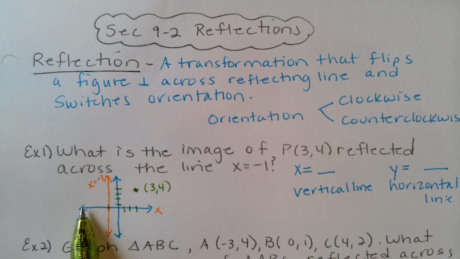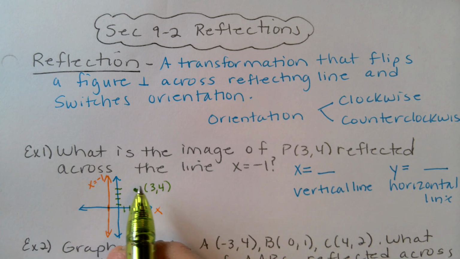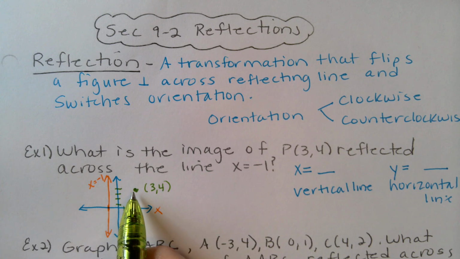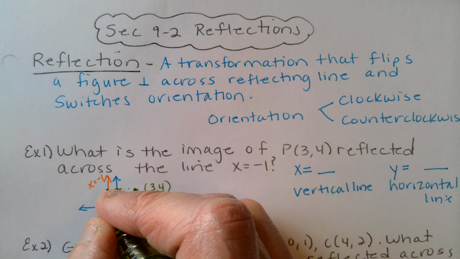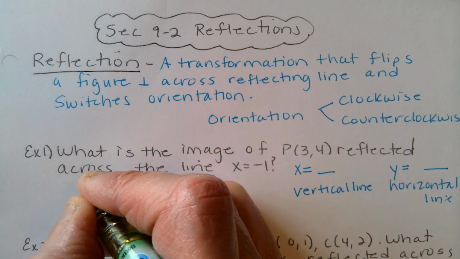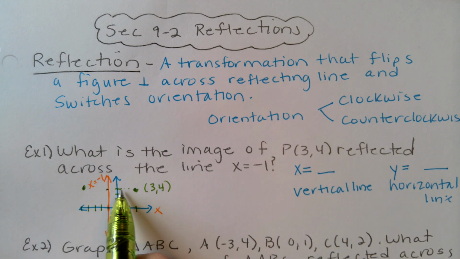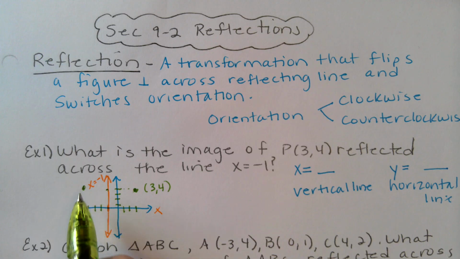That would just be -3, 4. But it's not that case. It's across this line. So you have to always be counting and thinking how many spots to get over to the line. 1, 2, 3, 4 spots. And then you go 4 past that. 1, 2, 3, 4. So there's 4 spots between here and 4 spots between here. That's the reflection over that line.